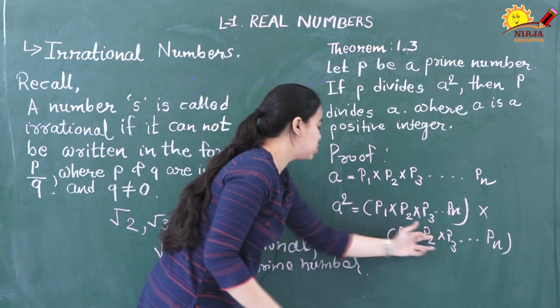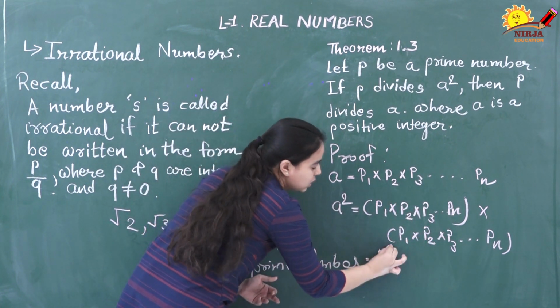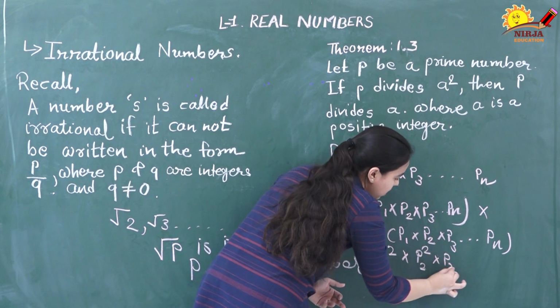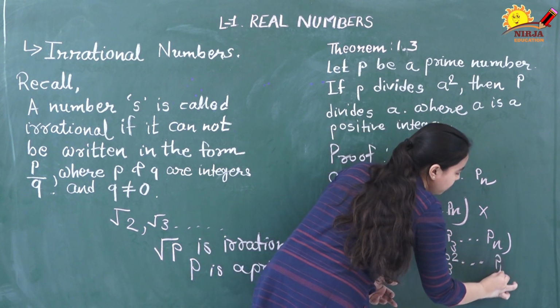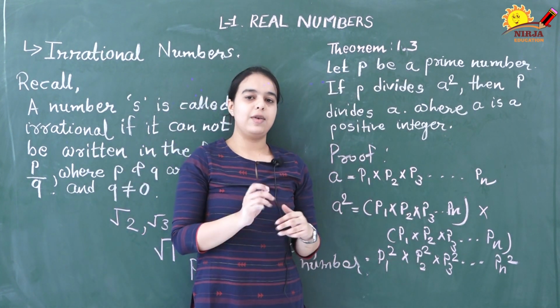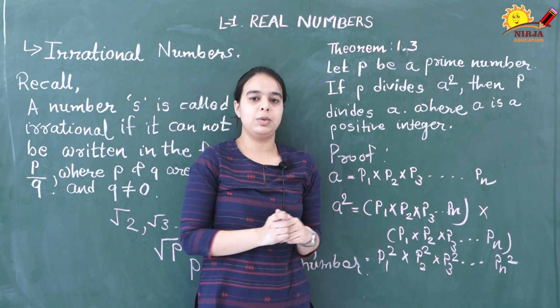After multiplying these two terms, I will get p1 square multiplied by p2 square multiplied by p3 square up to pn square. In my previous videos, I have explained the fundamental theorem of arithmetic.